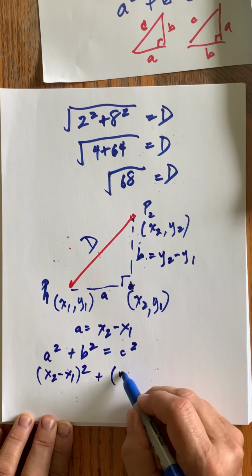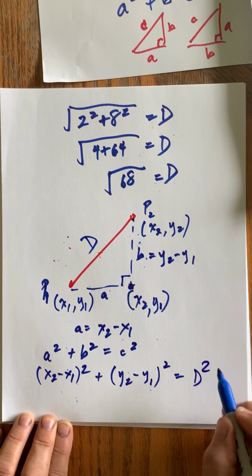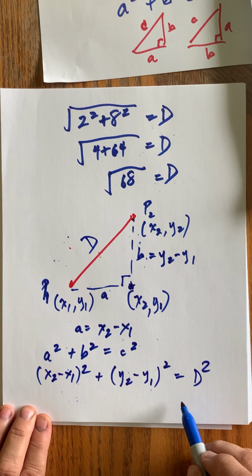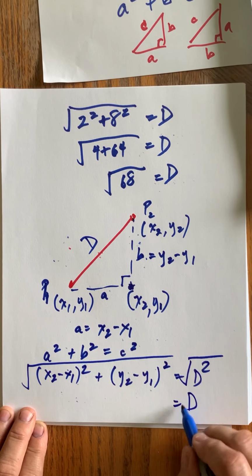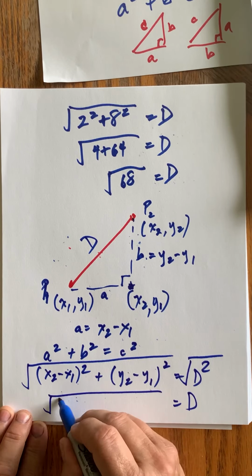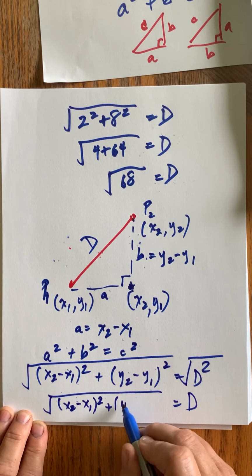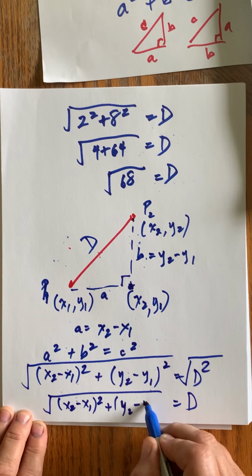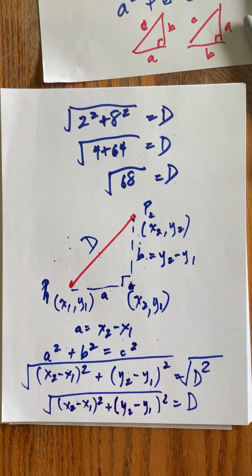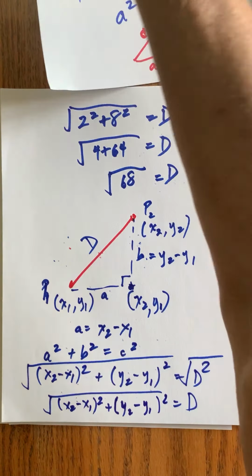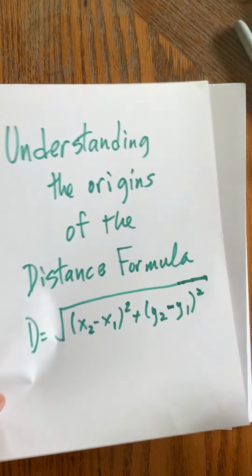B is y2 minus y1, square it, is equal to D squared. And now you're going to take the square root of both sides, right? So now D is equal to the square root of x2 minus x1 squared plus y2 minus y1 squared. Okay? So there is, hopefully, an understanding of the distance formula that you normally see here.